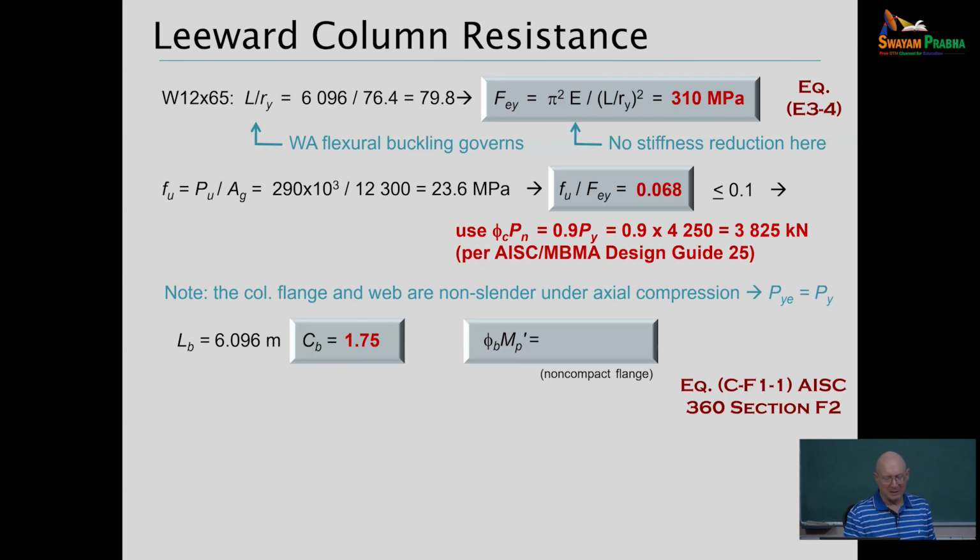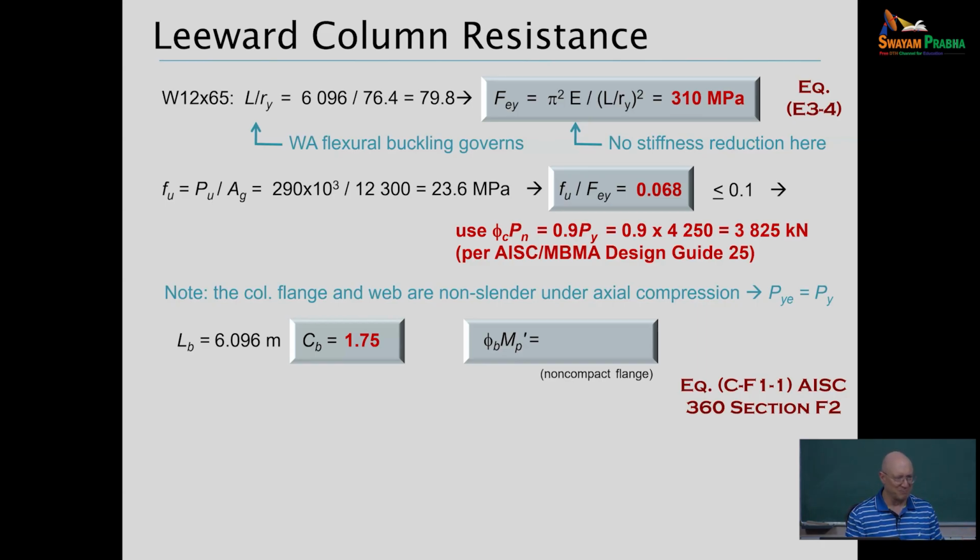And there's the plateau strength. Turns out that this W12x65 is just slightly non-compact, basically meaning it's slightly into, I believe, if I'm correct with the Indian code, it parallels Eurocode, and you say this is class 3.